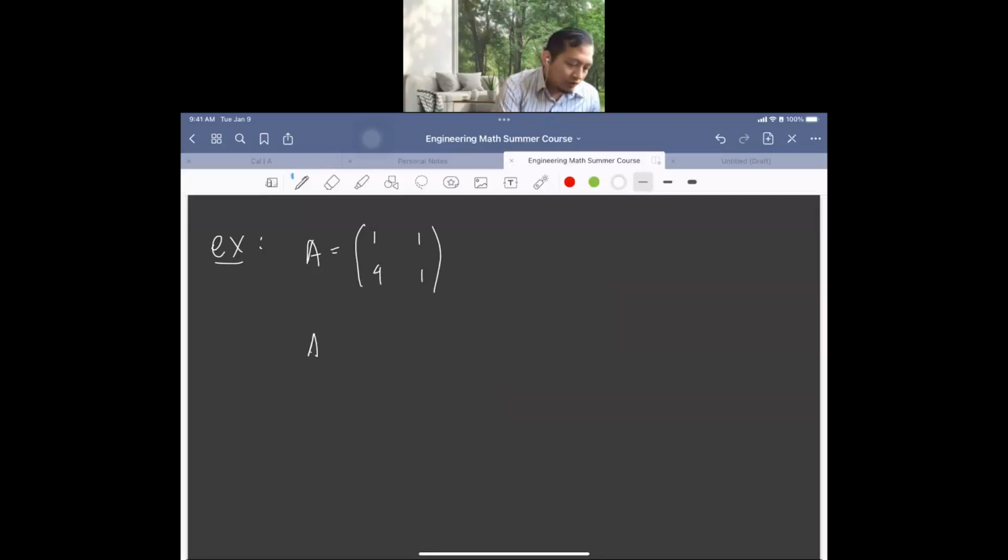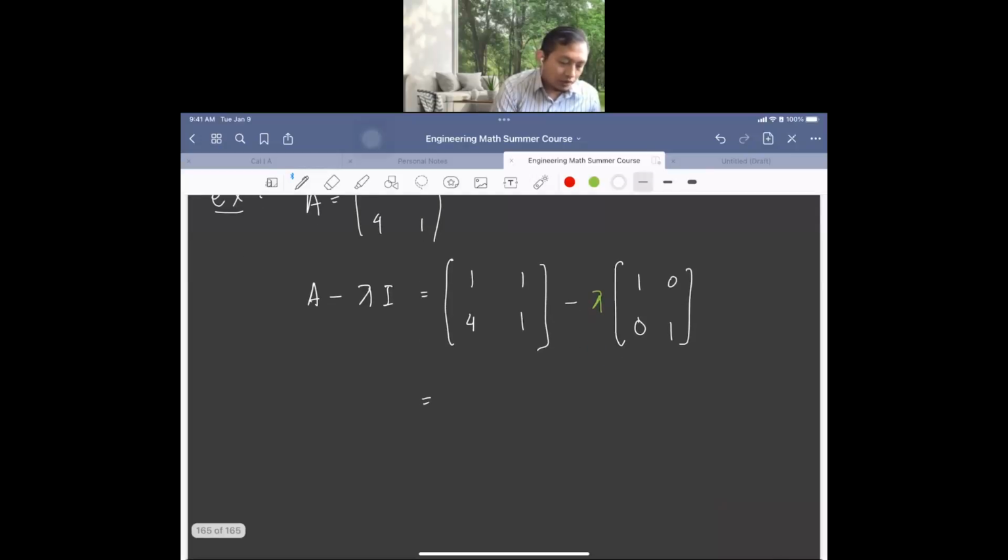The first step is we are going to find the lambda by taking this matrix A minus lambda. Let me just write one by one so that you know what is happening here. This is the identity matrix. So we are going to have 1 minus lambda, 1, 4, and 1 minus lambda.